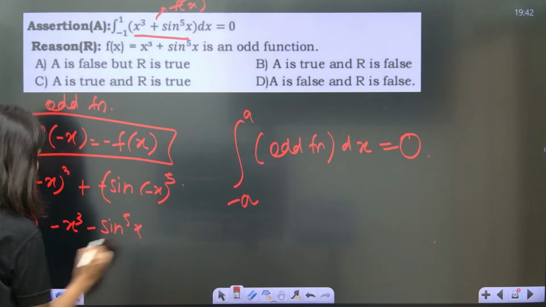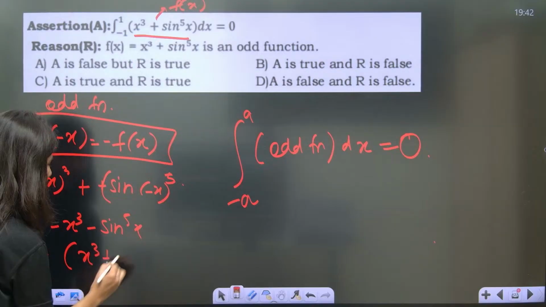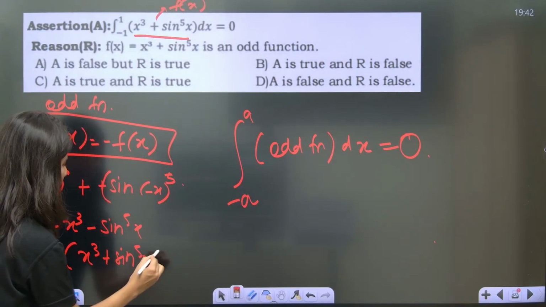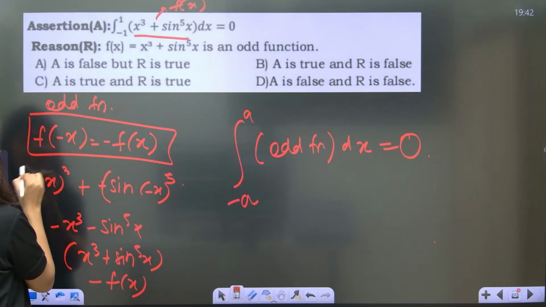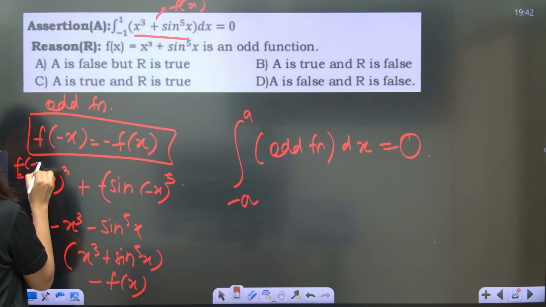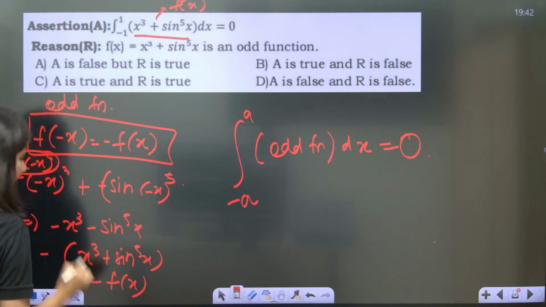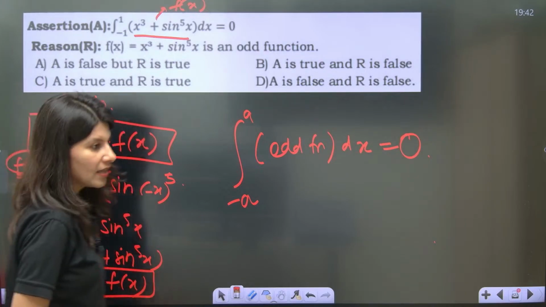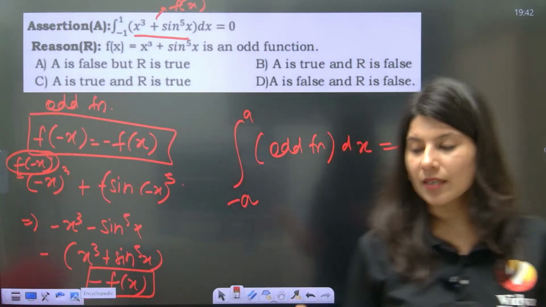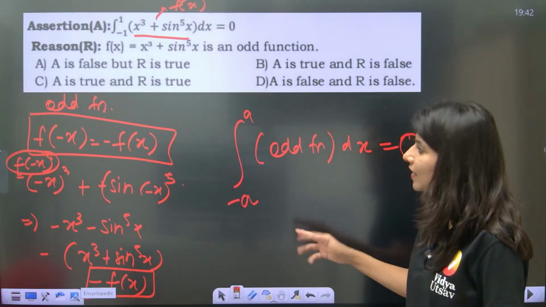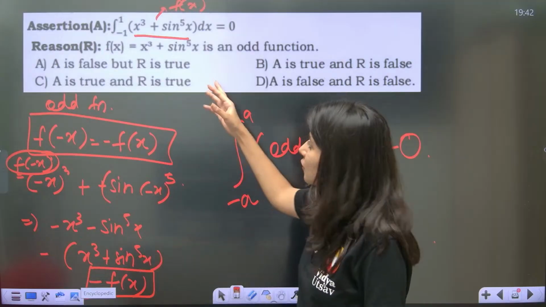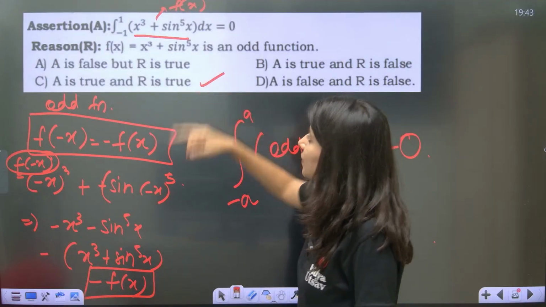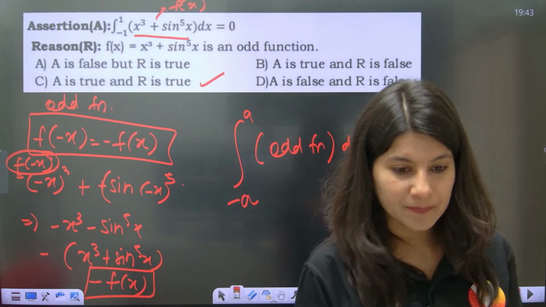So you take the minus sign common, and you can see this is minus f of x only. So f of minus x is nothing but minus f of x, and hence this is an odd function. Assertion is true, reason is true. Option C.